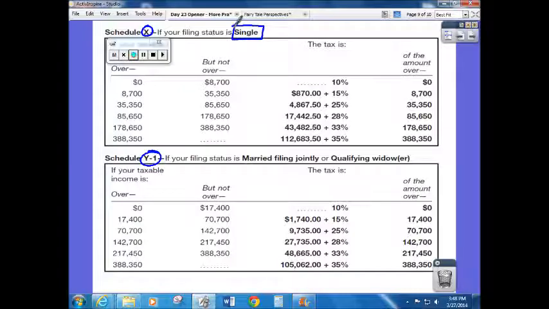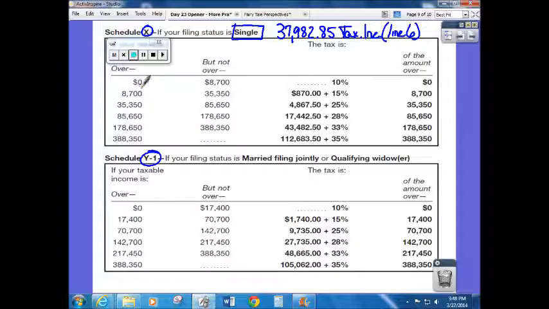And so now that we've decided which of these schedules to use, we need to decide which line to use. Well, our taxable income was $37,982.85. That was our taxable income found on line 6. So it says here, if our taxable income is over this amount, but not over this amount, that's going to tell us which line to use.